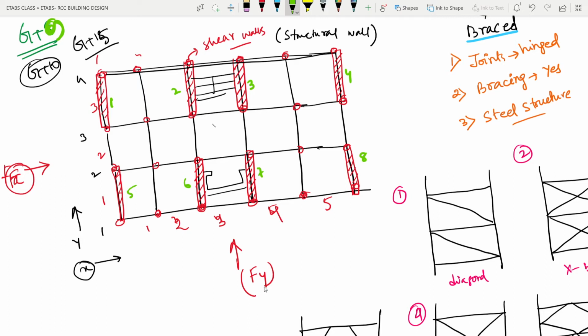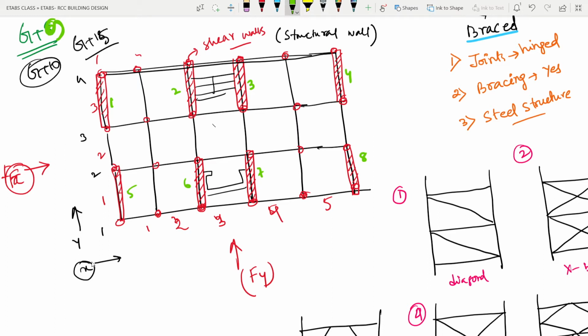If I consider only the y direction force, these columns will also take some lateral force, but the amount of resistance by these columns will be very less, as most of the resistance is provided by the shear walls itself. So these columns are meant to resist the gravity loads only in terms of the y direction force.